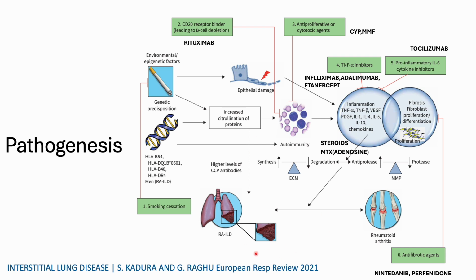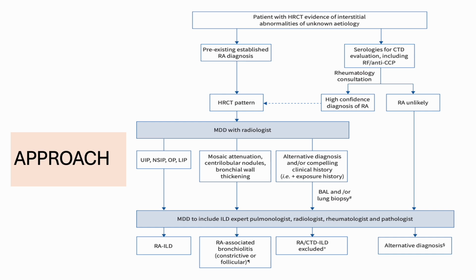So with that, we see that there are a lot of targets that one can look at when we talk about lung disease. So, how do we approach a patient of rheumatoid arthritis with lung involvement?